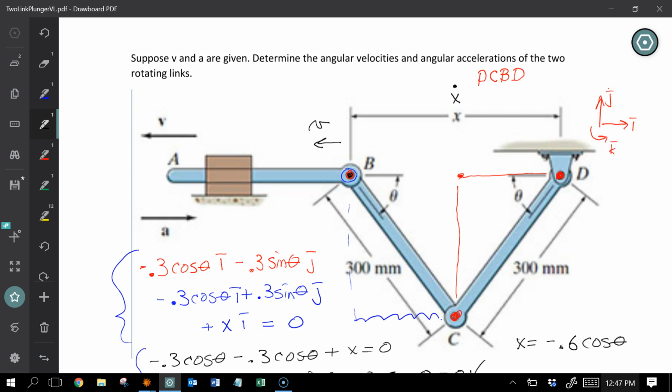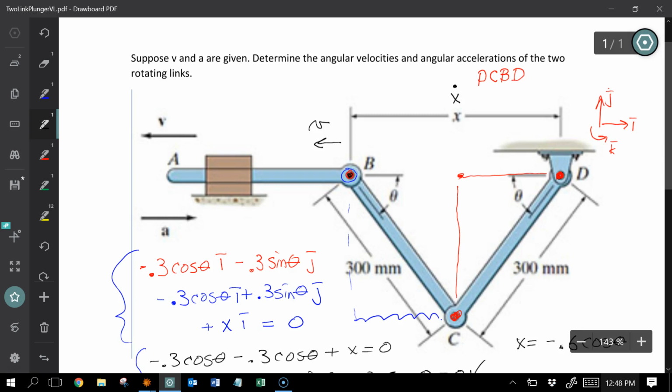Okay, now, if v is moving to the left with a speed of v, like 3 feet per second, then the x is getting bigger, right? If v is moving left, x is getting bigger. If x is getting bigger, x dot is a positive number, and if v is moving 1 foot per second, then x dot is increasing by 1 foot per second.